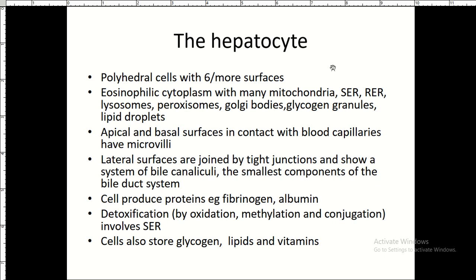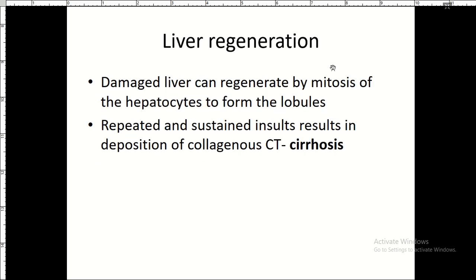It is also a storage unit for lipids, glycogen, and vitamins. Take note of this: a damaged liver can regenerate by mitosis of the hepatocytes to form the lobules. So yes, the liver is able to regenerate.